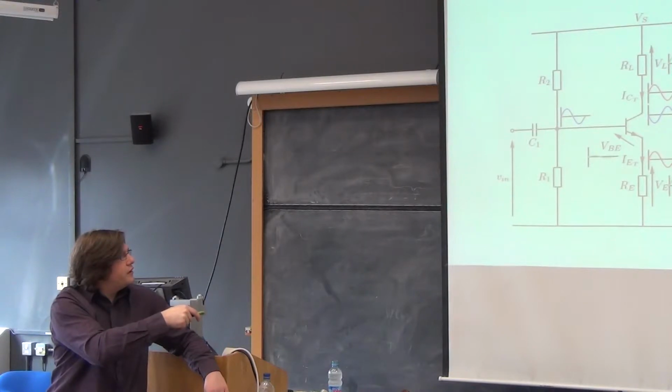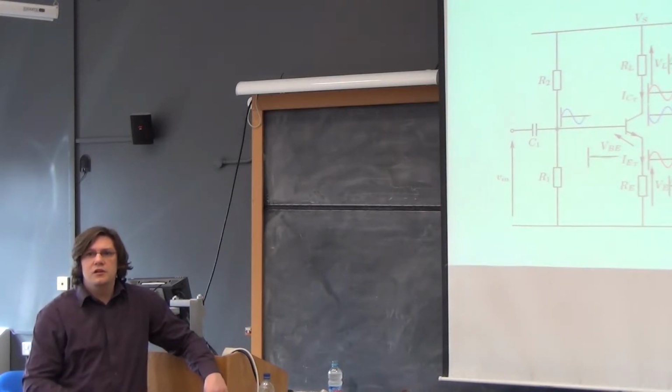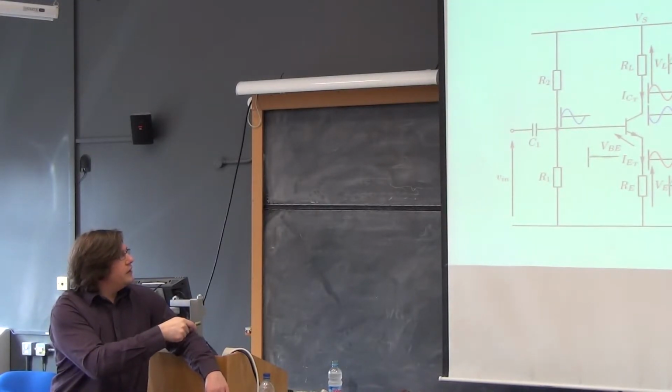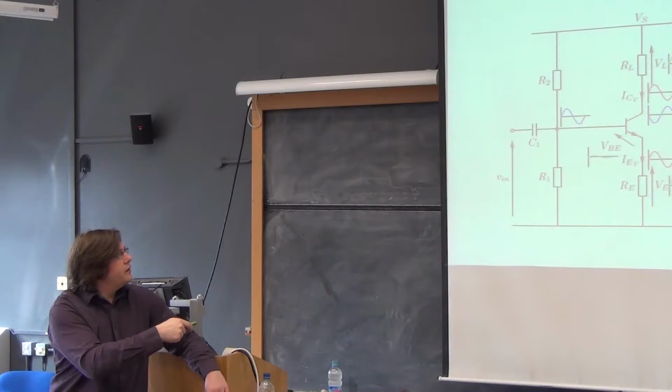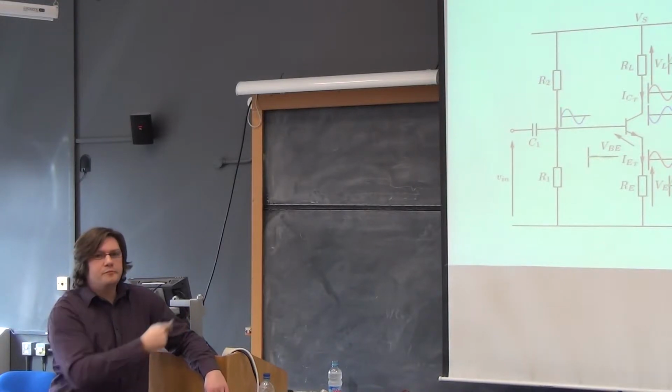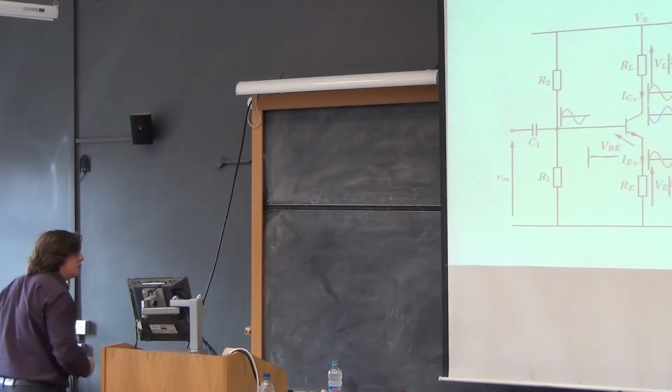Now if VE is now this, and this is all we've got to go on, VBE must be shrinking in order to make all the numbers match. So the effect of not making this signal go away across RE means that VBE must be reduced by the subtraction of that from that. If you're not happy, it's written out in a couple of slides' time as well.